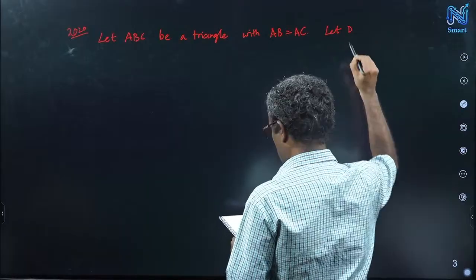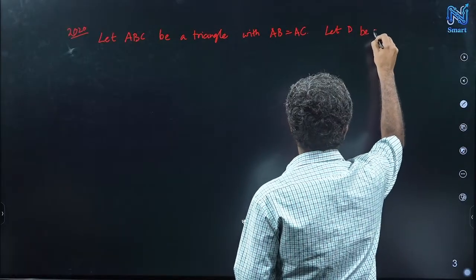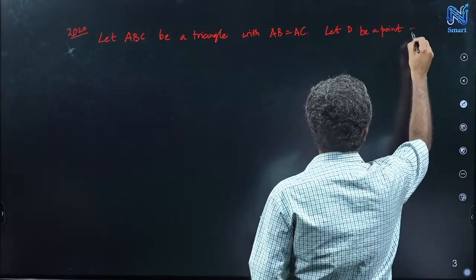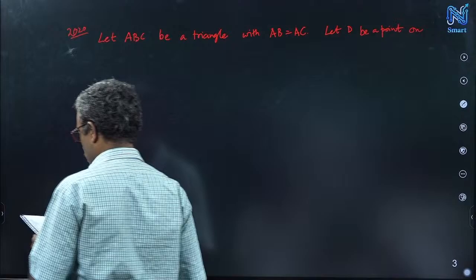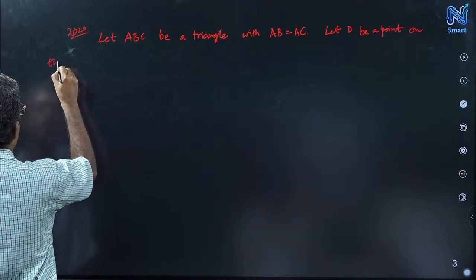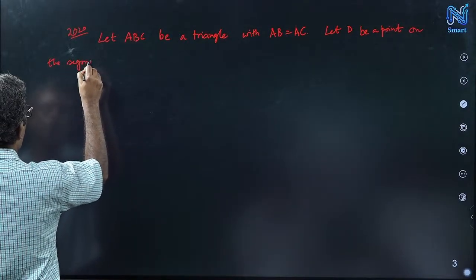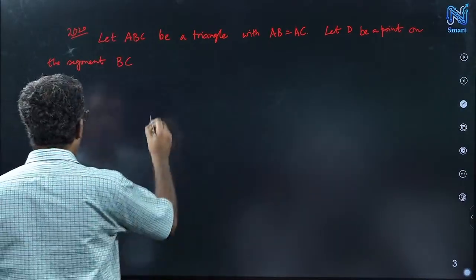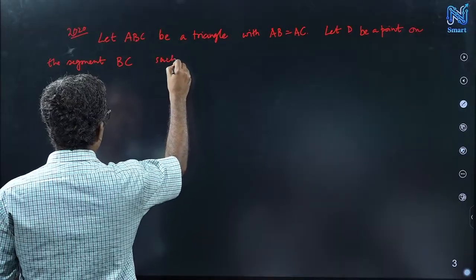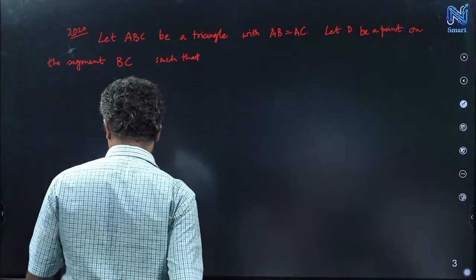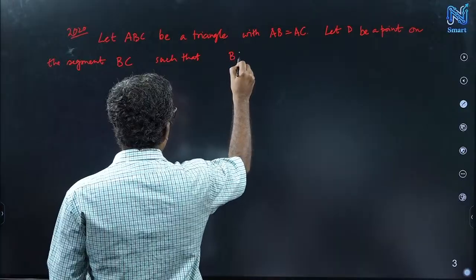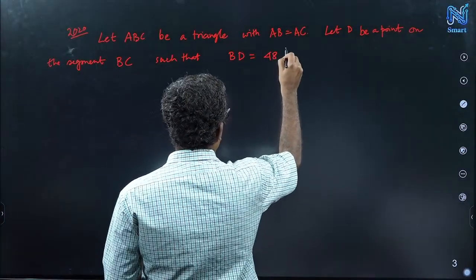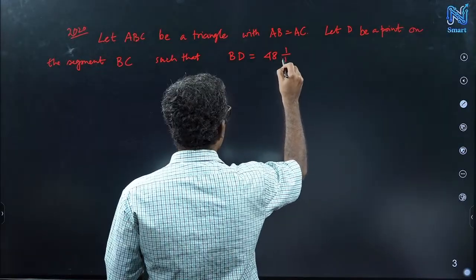Let D be a point on the segment BC such that BD is equal to 48 and 1 by 61.